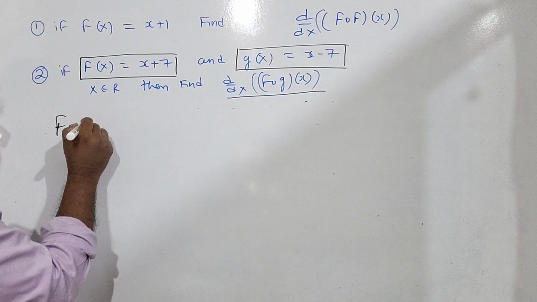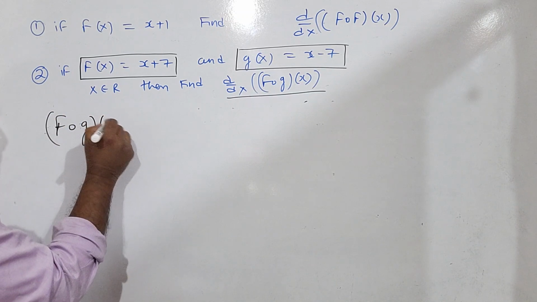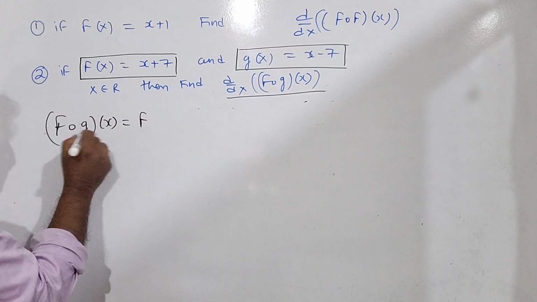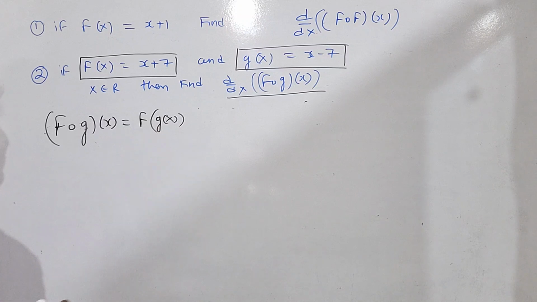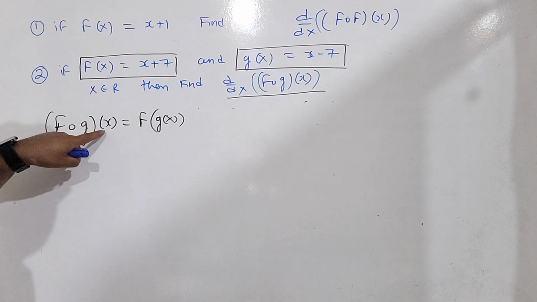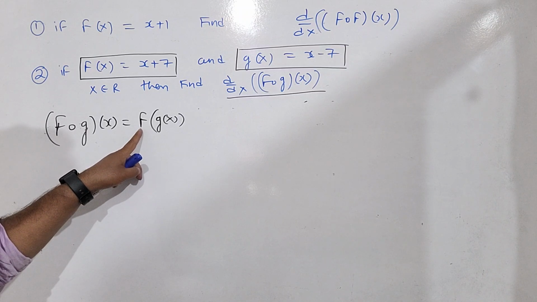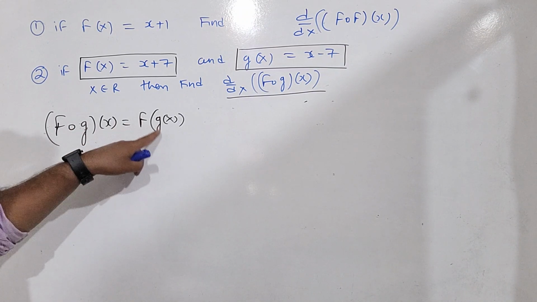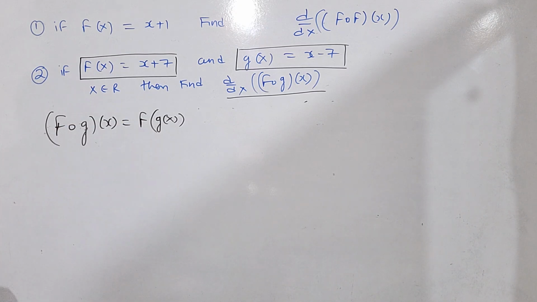So see, f composition g of x: first we will apply the g rule, that is g of x. It means we are applying the g rule first and then to the output we will apply the f rule. So g will apply over x first, then we will apply the f rule to g of x.